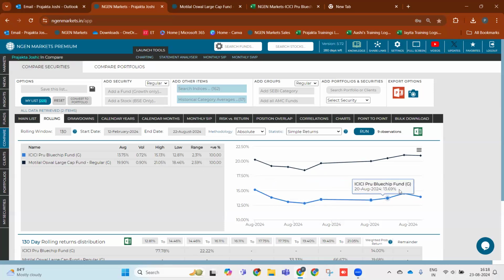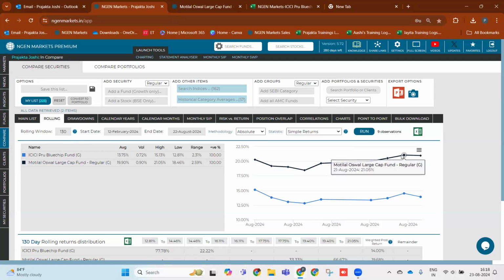When is that? You try to hover on the peak. The peak is somewhere here. Okay, that's Motilal Oswal right here. So we try to locate the peak. That's 21.05. Motilal Oswal is color coded by dark blue, so try to locate the peak here.